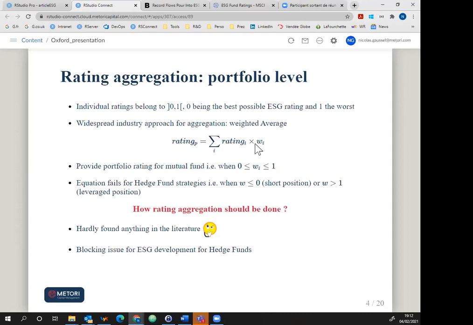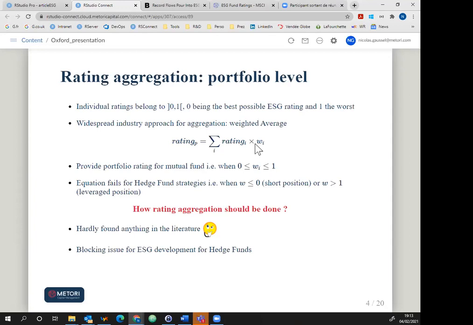Well, why can't you say, for example, that a leverage position of, say, leverage 2 is equivalent to changing the weight? So for example, if I have a leverage position with leverage 2 in an instrument with notional 1 million, then I should really count the weight by using 2 million, and then I renormalize the weight.